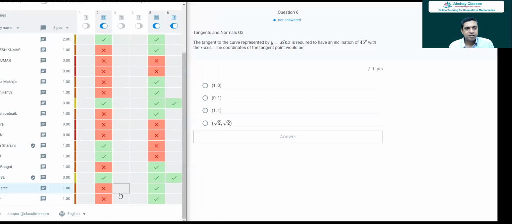Good. Good. More number of students to answer. Very good. Good. Everybody is marking this correct so far.